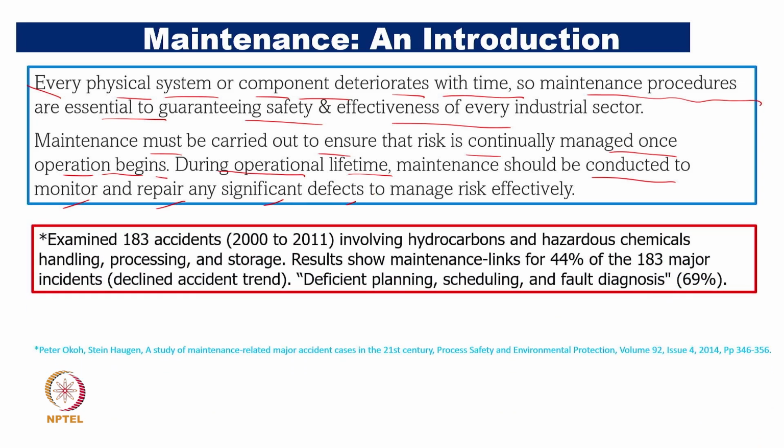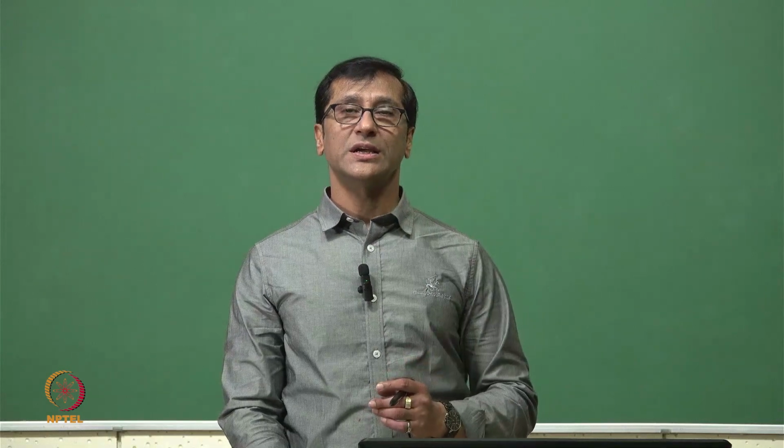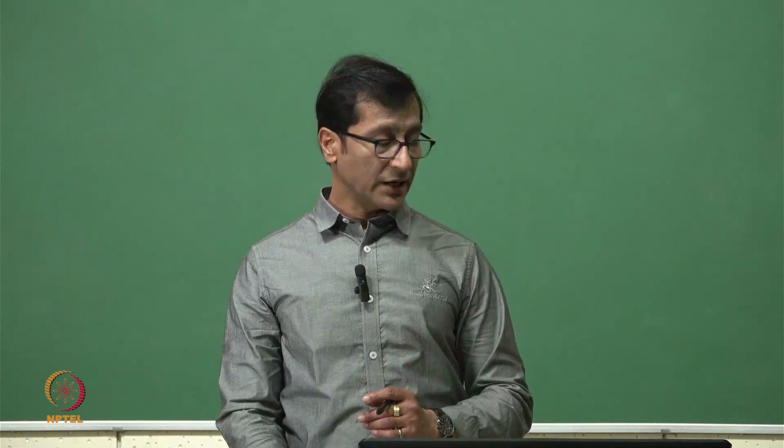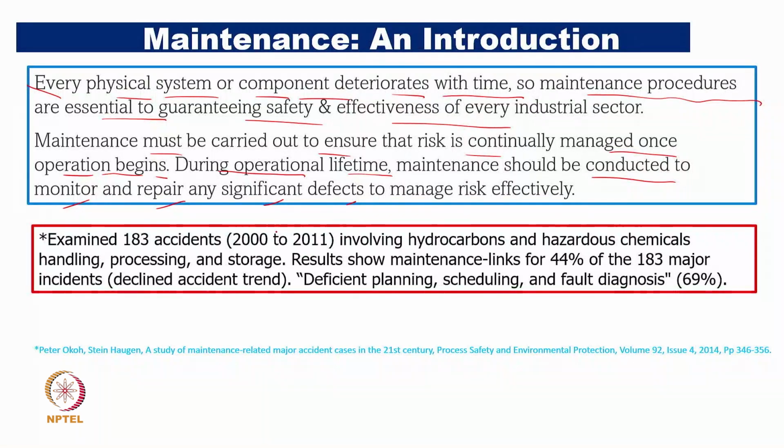And as I mentioned, often the company feels it is a kind of unnecessary burden on them, and they don't want to pay any money for that. There is one good research publication, published in 2014. They examined around 183 accidents which happened from 2000 to 2011, particularly related to chemical leakage or chemical handling, processing, and storage.